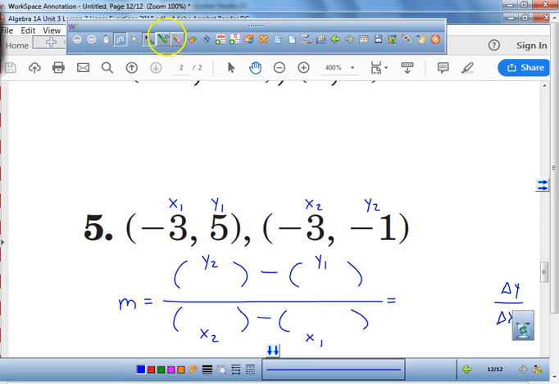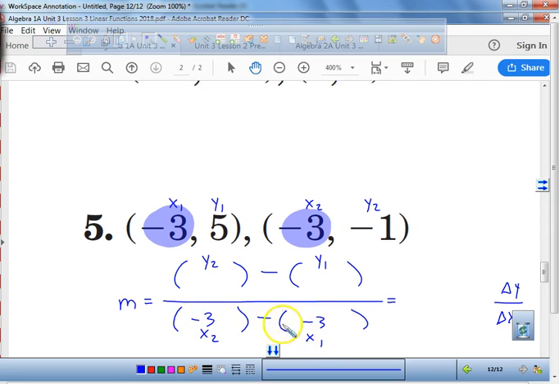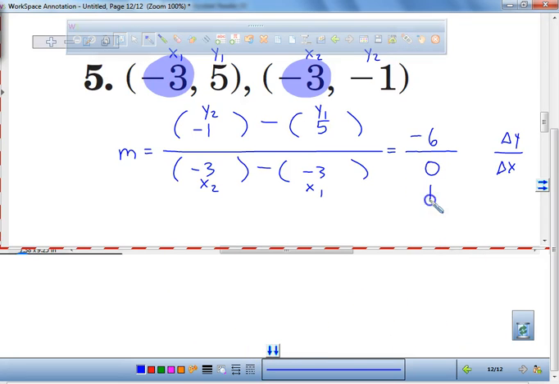Okay? Interesting. What do you guys notice about my x values? They're both the same. So here, that cancels to a positive. Negative 3 plus 3 gets me to a 0. Even if I have negative 1 minus 5, and I get a negative 6, what happens when you get 0 in the denominator?